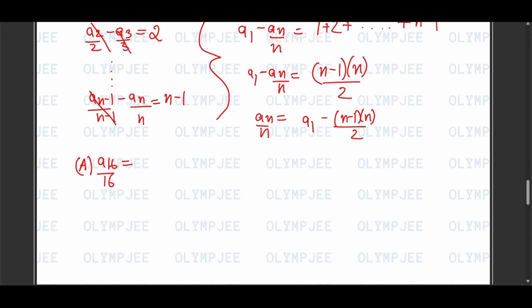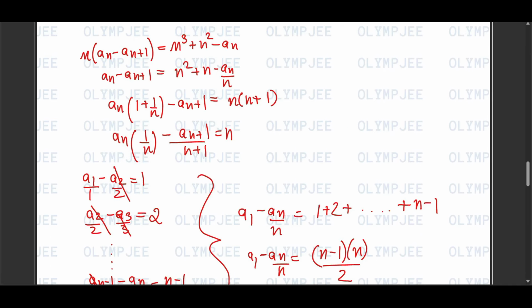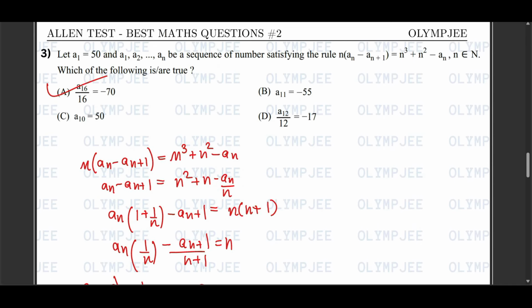So 50 minus 15 multiplied by 16 by 2, 15 multiplied by 8 will be 120. So 50 minus 120 is minus 70. So option A is correct.